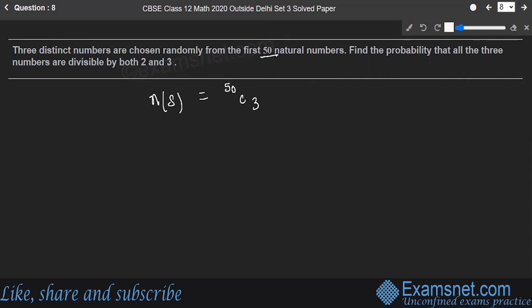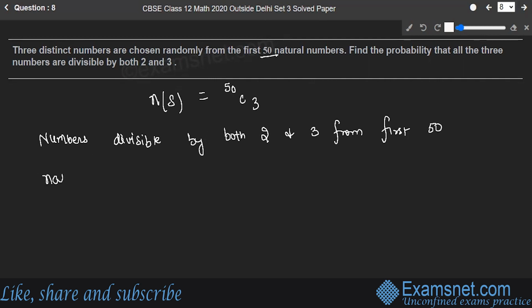So in this one, numbers divisible by both 2 and 3 from first 50 natural numbers are 6, 12, 18, 24, 30, 36, 42, and 48.